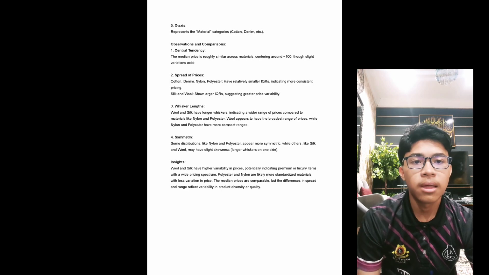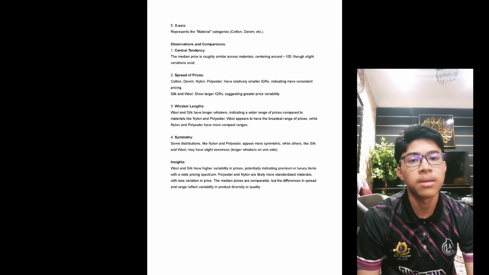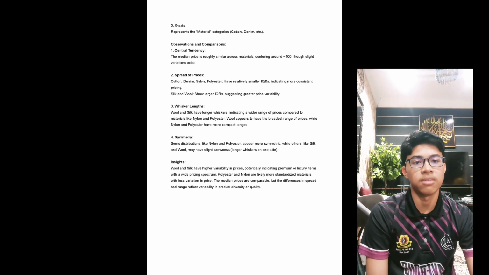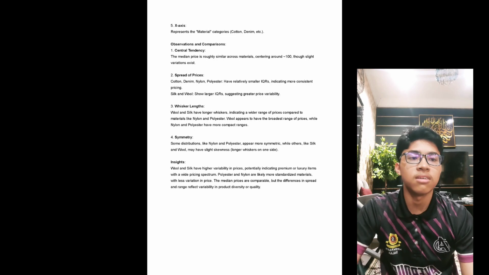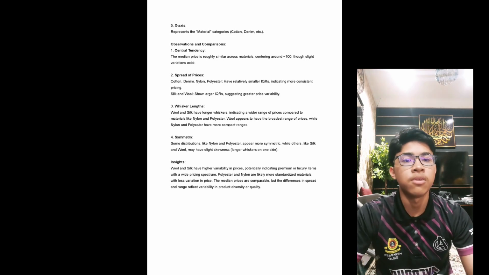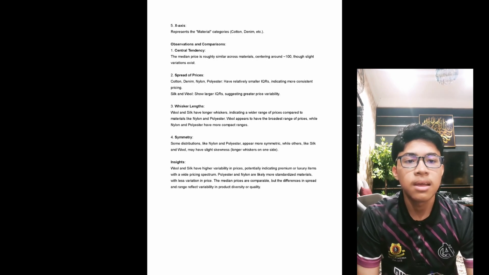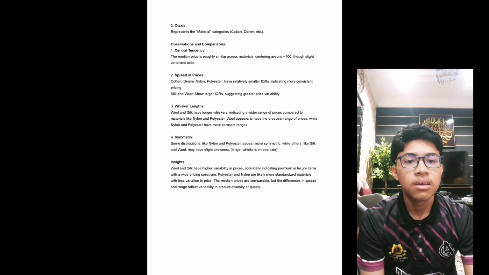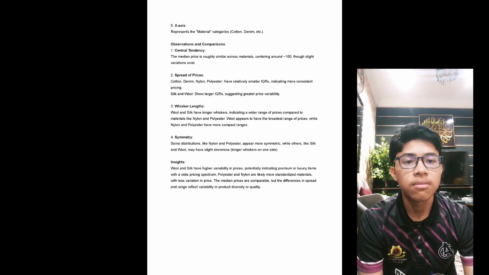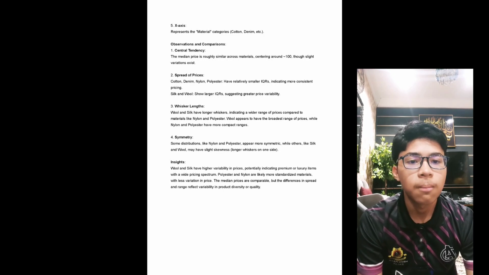Wool and silk have longer whiskers, indicating a wider range of prices compared to materials like nylon and polyester. Wool appears to have the broadest range of prices, while nylon and polyester have more compact ranges. Number 4, symmetry. Some distributions like nylon and polyester appear more symmetric, while others like silk and wool may have slight skewness, longer whiskers on one side.